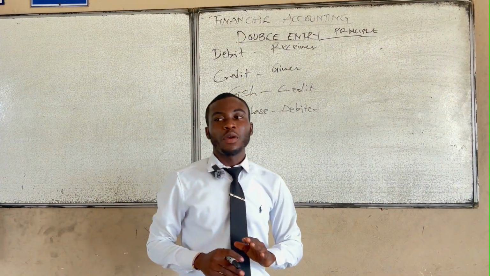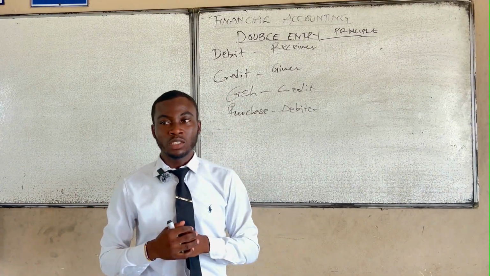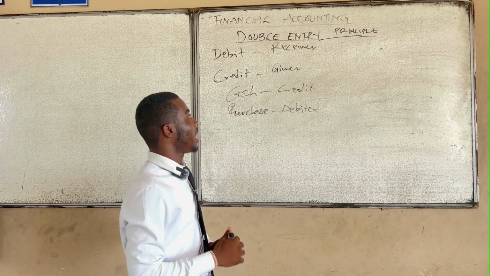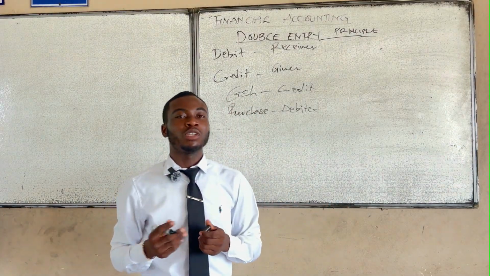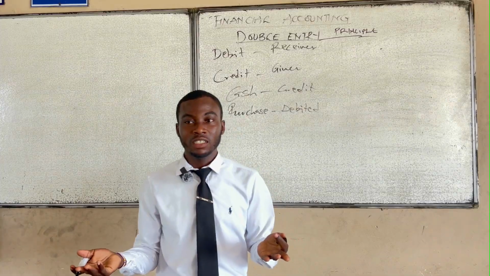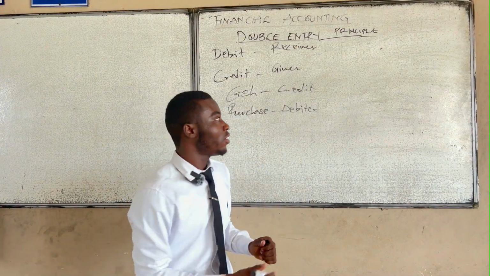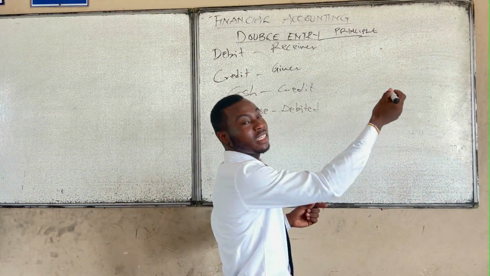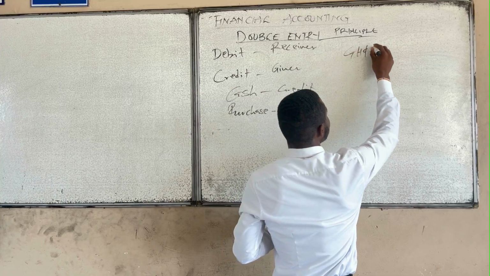Now we are going to look at a practical question. We solve it together, then we know how it goes. Let's assume that we went to the market and purchased a bag for 50 cedis with cash. So, purchase of bag with cash. The amount is 50 Ghana cedis.